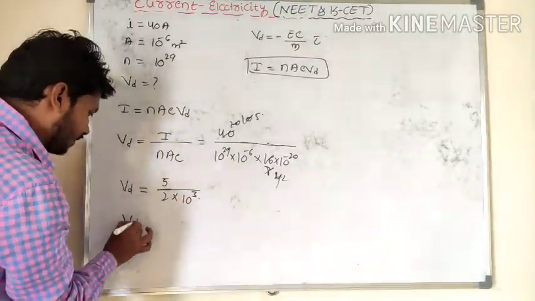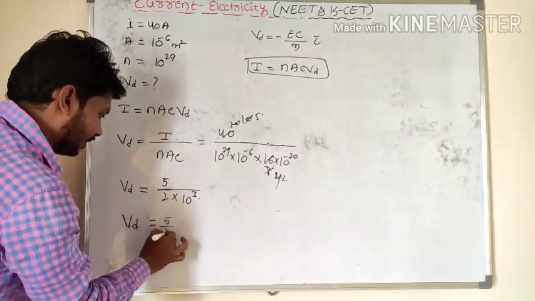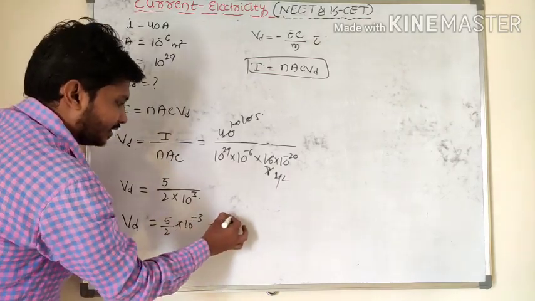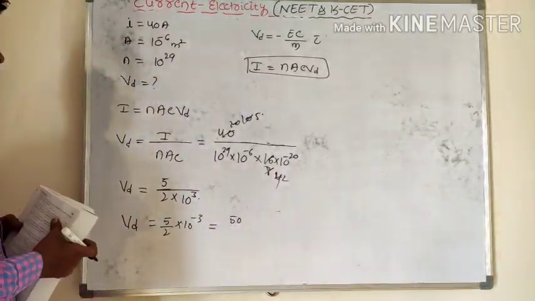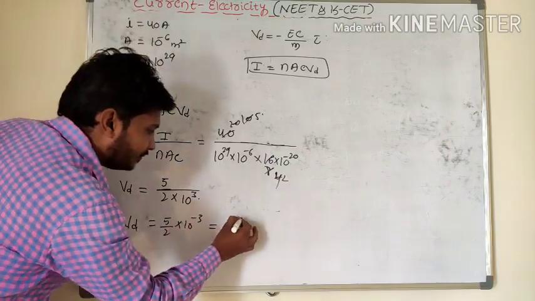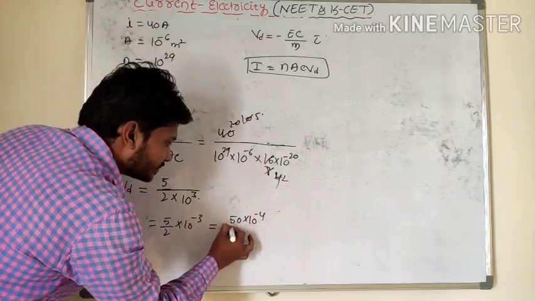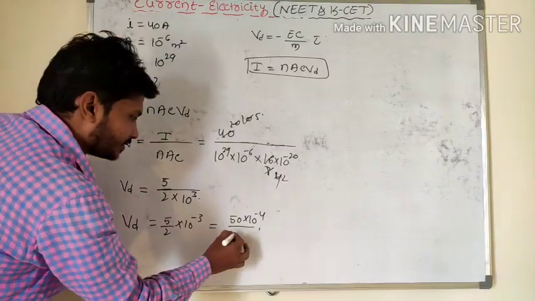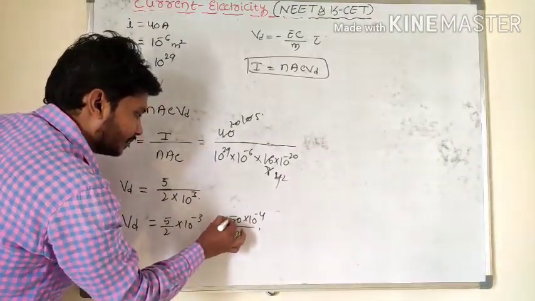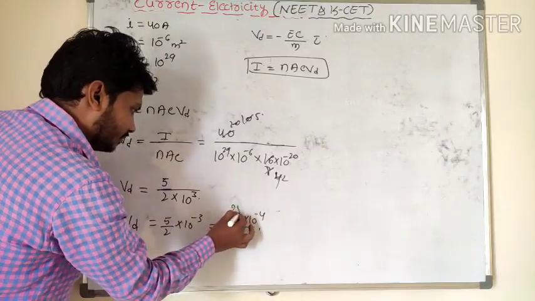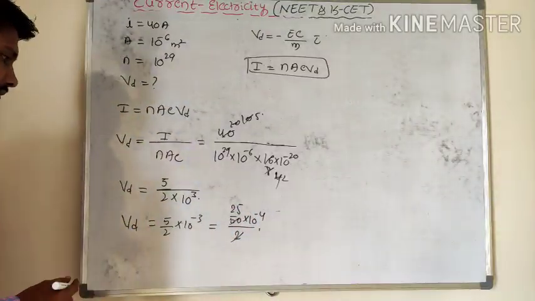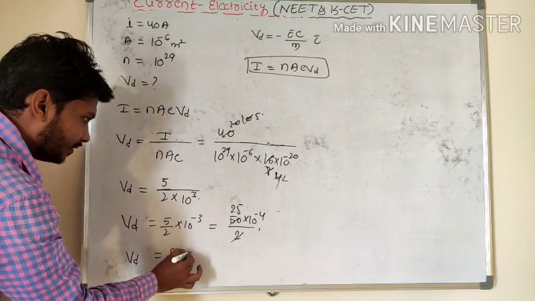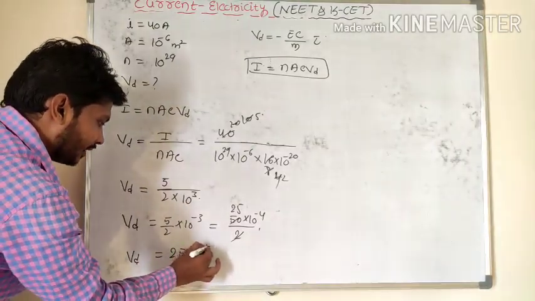So V of d is equal to 5 by 2 into 10 to the power of minus 3, or I shall rewrite it as 50 into 10 to the power of minus 4 divided by 2, which is 25 into 10 to the power of minus 4 meter per second.